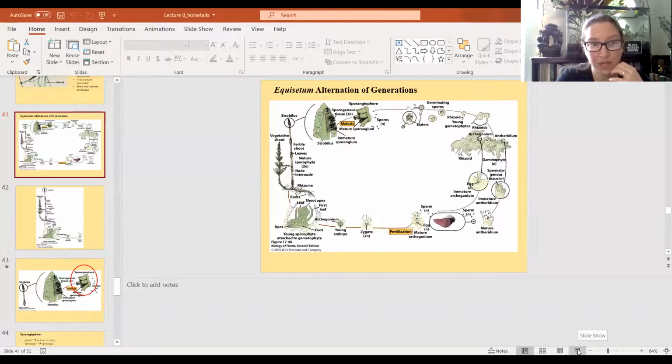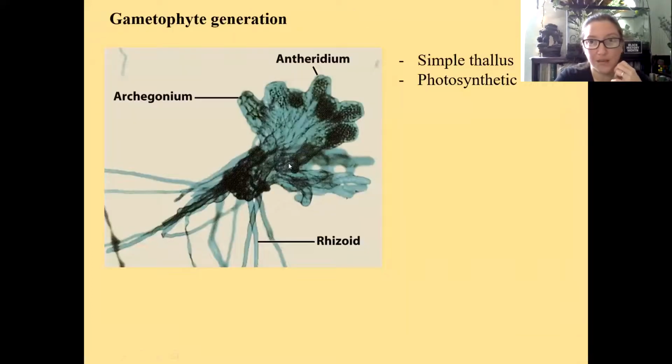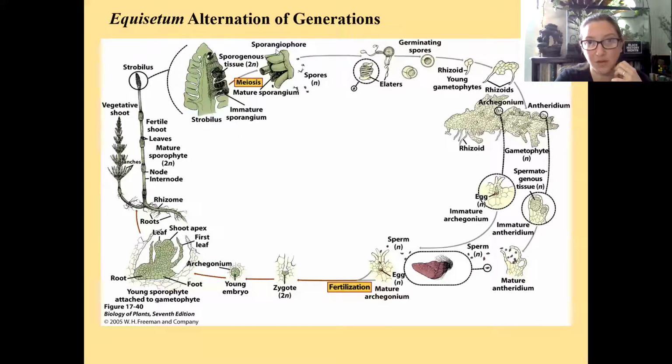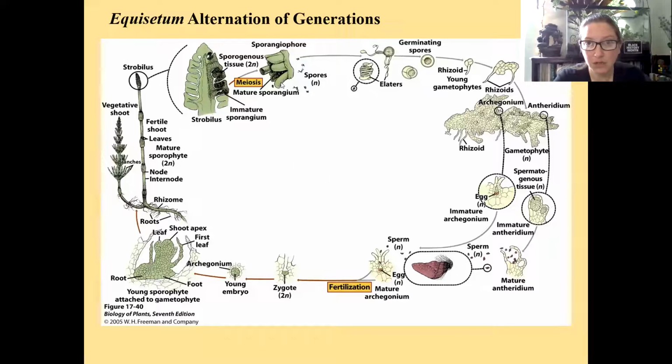Let me make it big. Can you see the alternation of generations of the horsetail here? Yes? Okay, great. Let's look here real quick. I'll annotate with red.